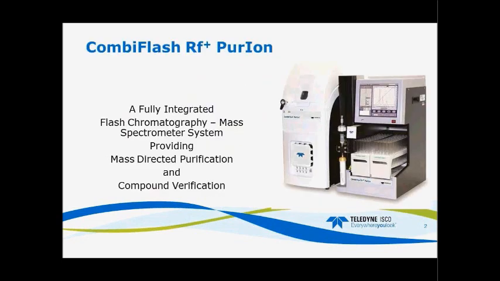The CombiFlash Rf plus pure ion system is a fully integrated flash chromatography mass spectrometer system. And the real purpose is to provide mass-directed purification and compound verification during the flash separation.